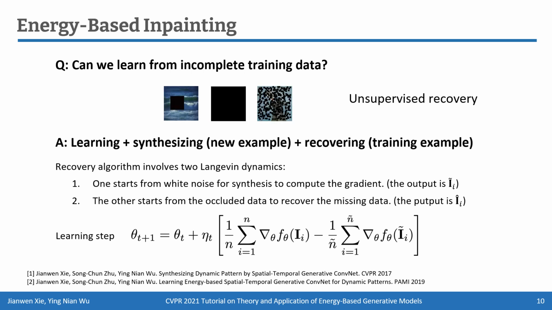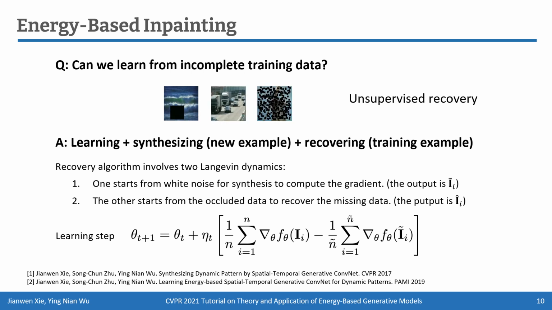The modification is that for each iteration, we run a few steps of Langevin dynamics to recover the occluded regions of the training example. The additional Langevin dynamics for recovery is initialized by the observed occluded example, and it only synthesizes the occluded regions while keeping the visible parts unchanged.